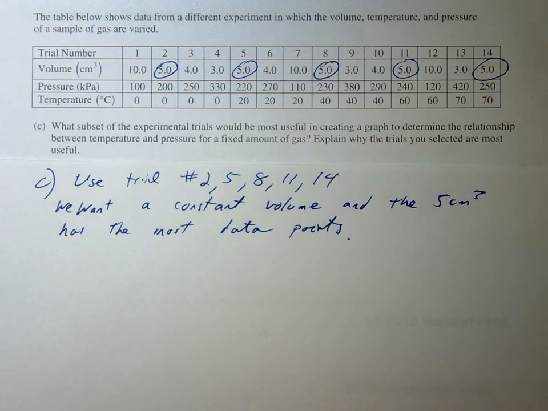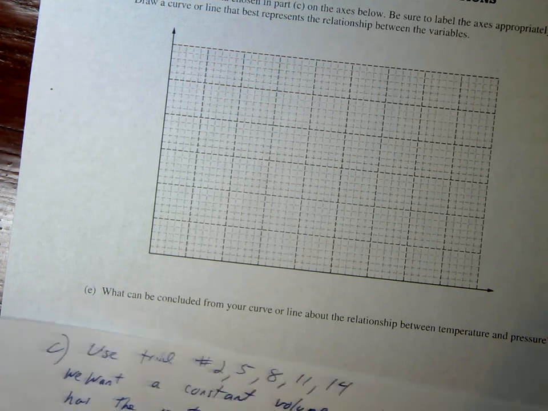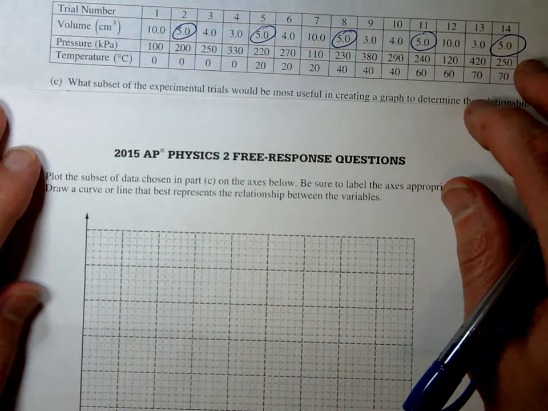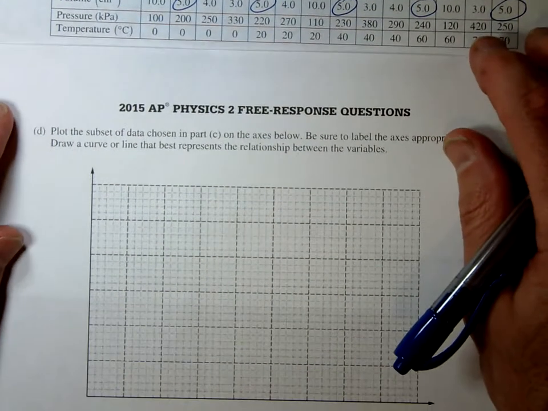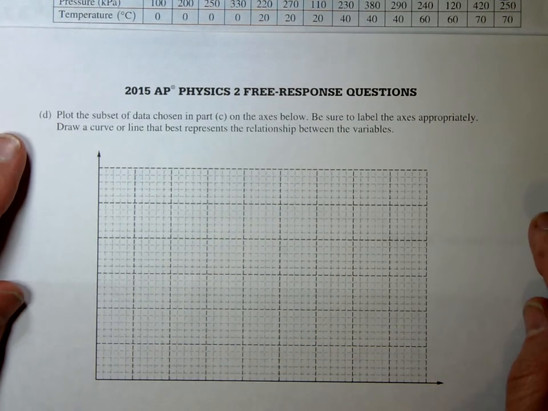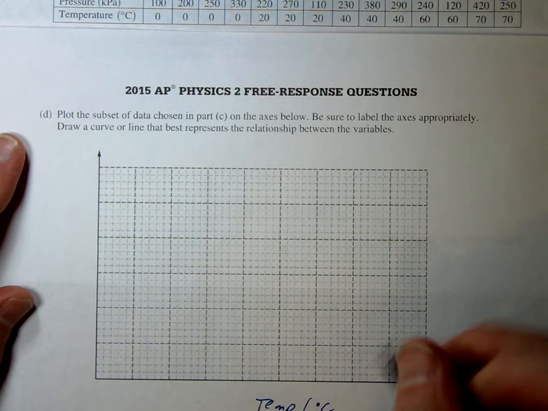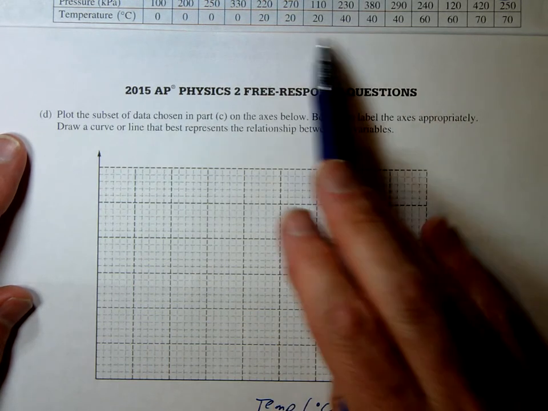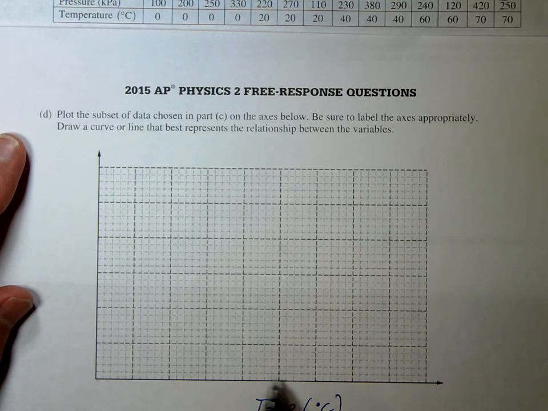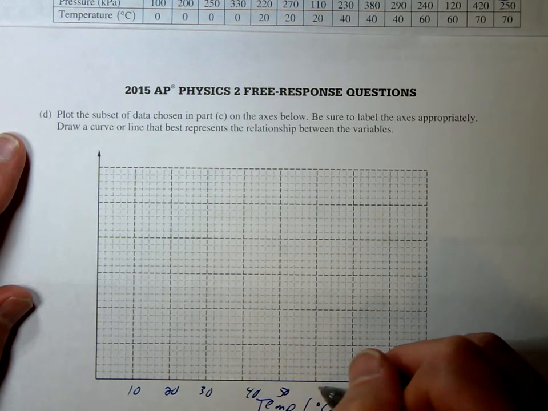Okay, all right, final question. I guess we got 2 more. So we're going to go ahead and just simply graph this data, and it should be easy enough. So let's call this axis temperature: 0, 10, 20, 30, 40, 50, 60, 70.